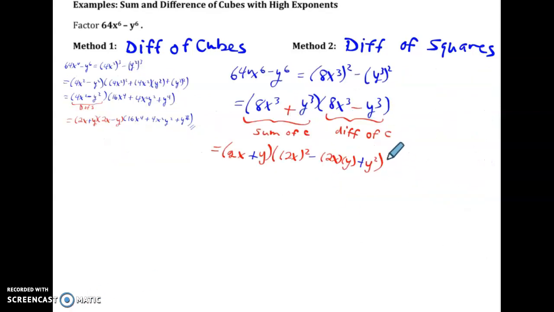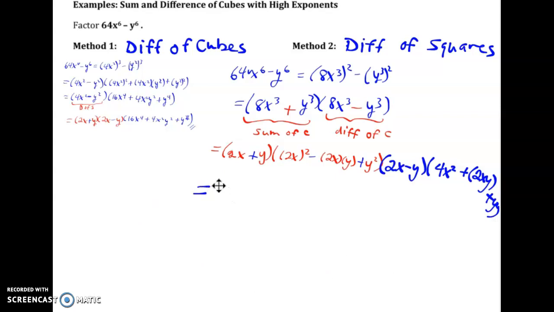So that's our sum of cubes. The difference of cubes is going to be exactly the same, just with the signs that match up with the difference of cubes. So it would be 2x minus y, and then it'll be the 2x squared, so that's 4x squared, plus 2x times y, so 2xy, and then plus y squared.